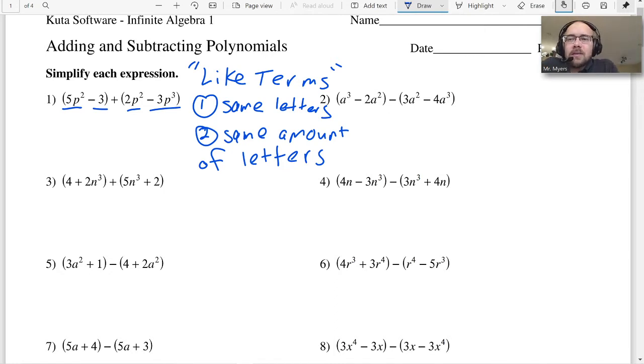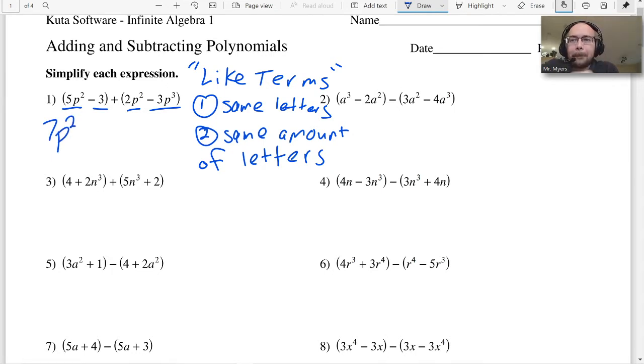So there are actually two things here out of the four that are like terms: 5p squared and 2p squared. The number in front just says how many p squareds we have. If I have 5 p squareds and I add 2 more p squareds, I'm going to have 7 total p squareds.